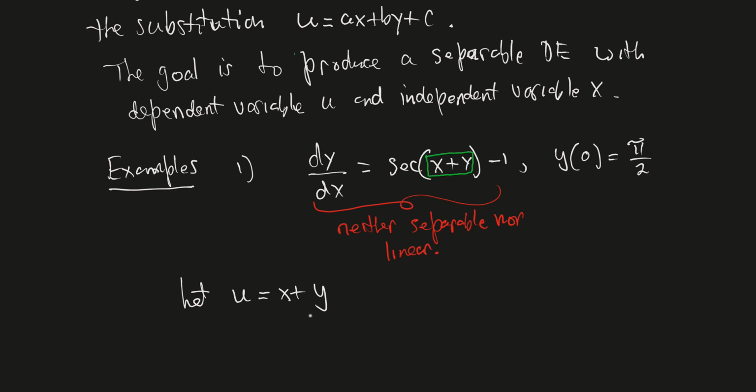Now, think back to when you do a substitution. The next step is to take the derivative. You need to figure out your du. Actually, what we want to do is take the derivative of both sides with respect to x. So after you've chosen your u, we differentiate u with respect to x, and that will give me 1 plus, and remember, y is dependent on x, so when I differentiate it with respect to x, I will get dy dx.